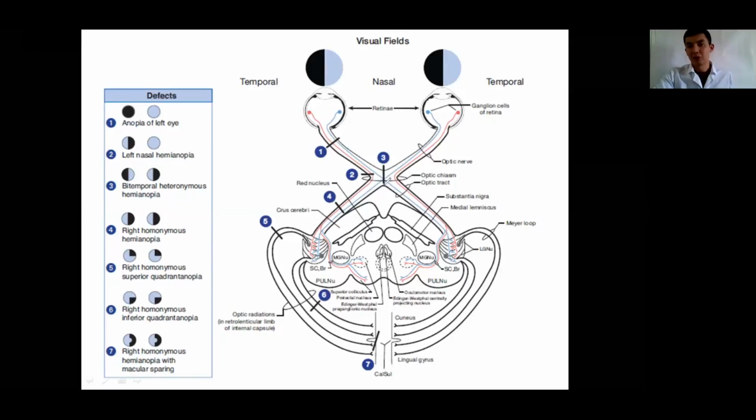In this region, for example, some tumors of the pituitary gland may compress it, and it will lead to bitemporal hemianopia, because as you understood, the nasal retina receives light from the temporal visual field, and so that's why it's bitemporal hemianopia.